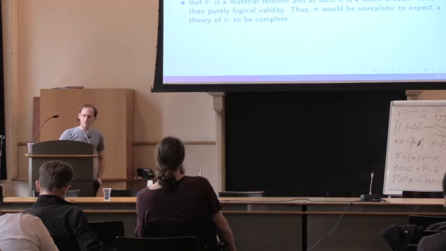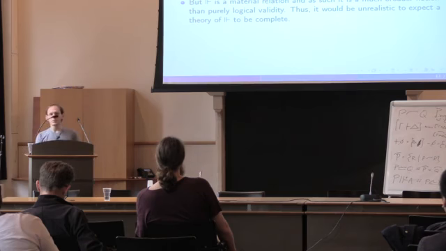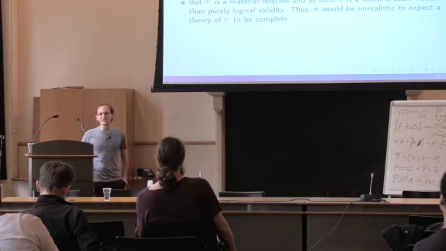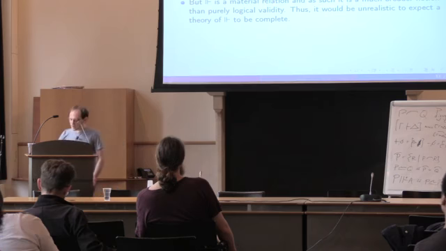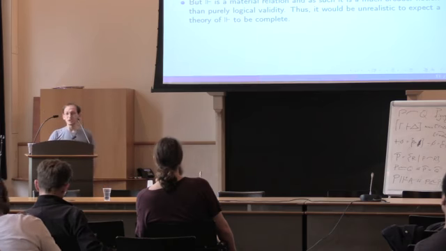And so, kind of borrowing this argument from Dave, it's kind of unrealistic to expect a theory of this notion to be complete. At best, we can hope for a partial but sound axiomatization or theory of this notion. But completeness is sort of ruled out, or it's not an option here.